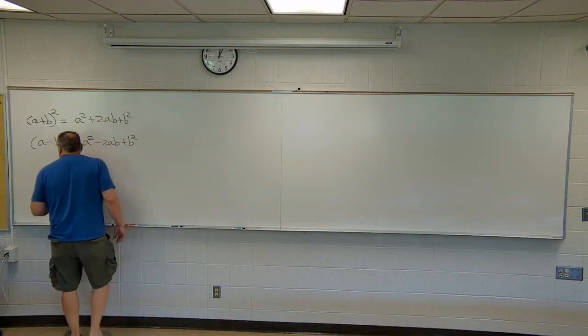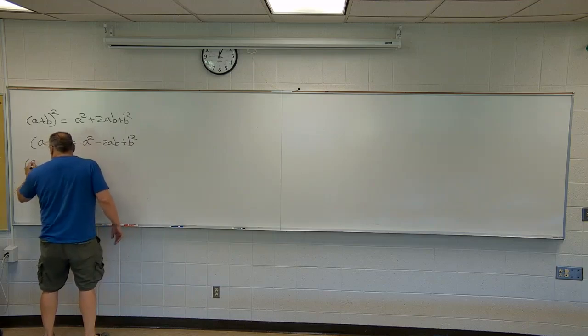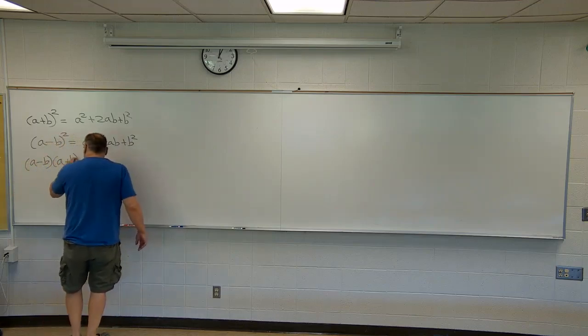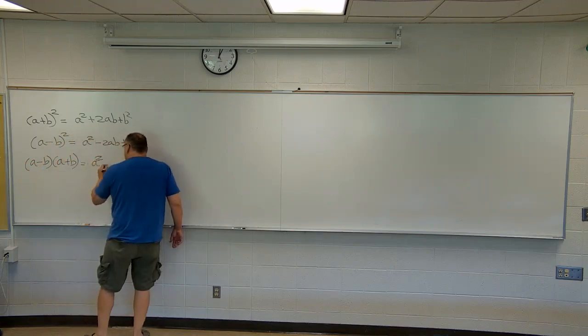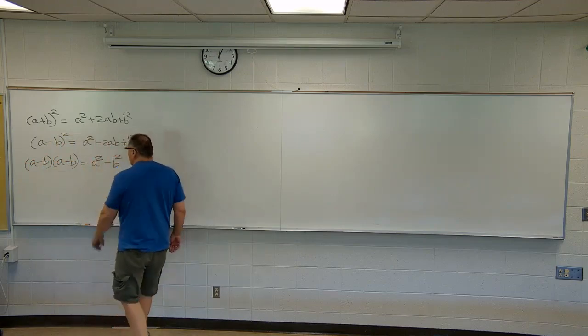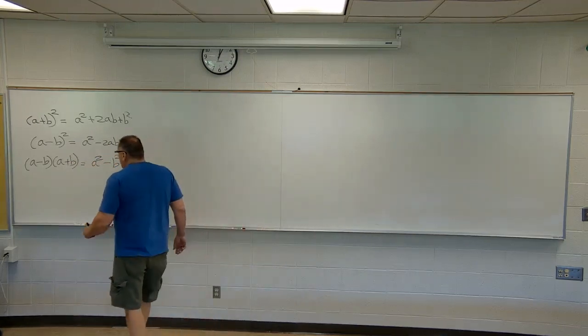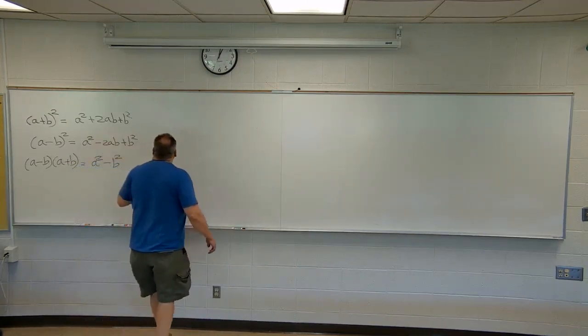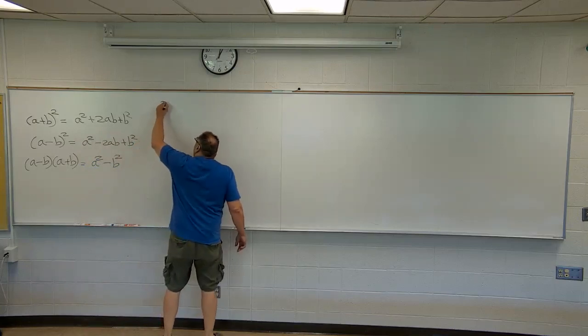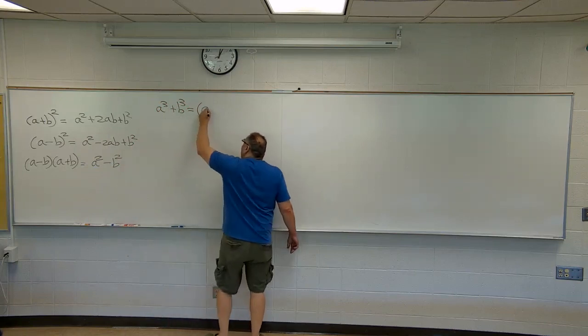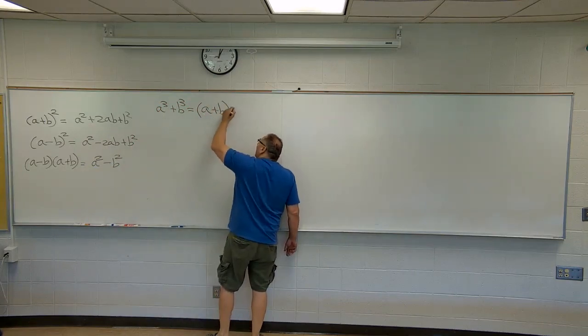And if you ever had the quantity a minus b times the quantity a plus b, that comes out to a squared minus b squared, the difference of two squares. If you have a cubed plus b cubed, that factors out like this.